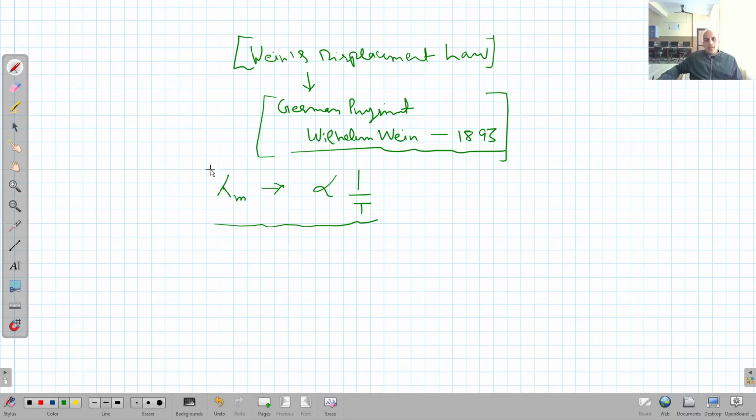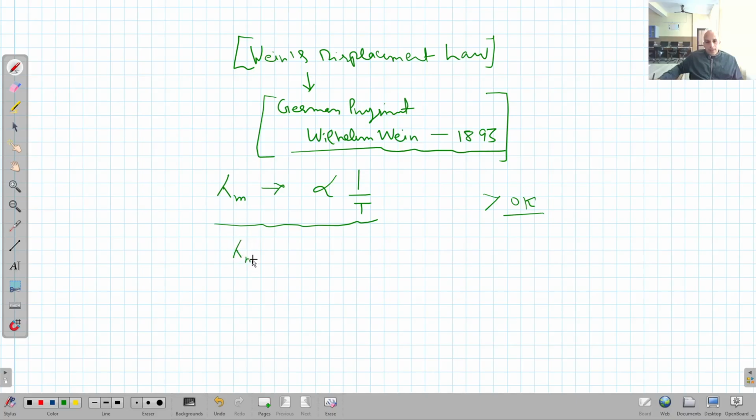So this law states that any material that has a temperature T greater than 0 Kelvin will emit radiations, and the wavelength corresponding to maximum energy, m stands for maximum energy, is inversely proportional to the absolute temperature T of the body. Clear? So this is the relation.